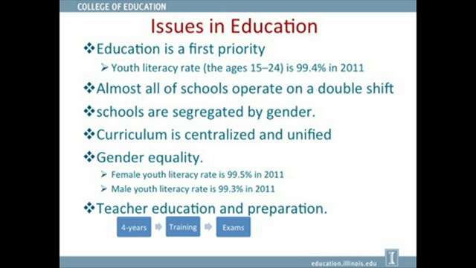Now I want to tell you more about issues in the education system in Palestine, so you are aware of the education system there. Education is considered a first priority for Palestinian people because of the occupation and the isolation. All that people do is focus on education, and they want to be more educated. The youth literacy rate, for ages 15 to 24, was 99.4% in 2011.